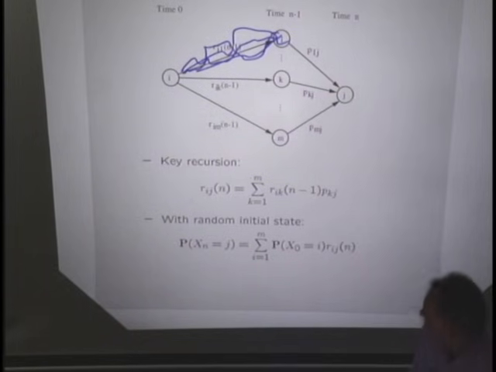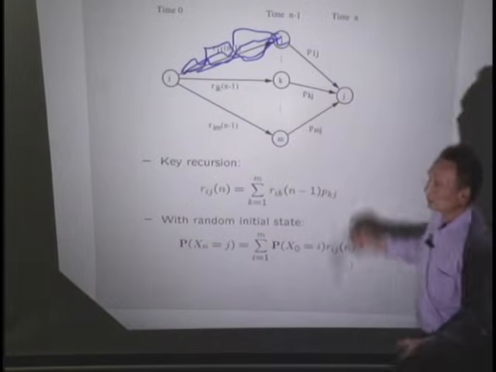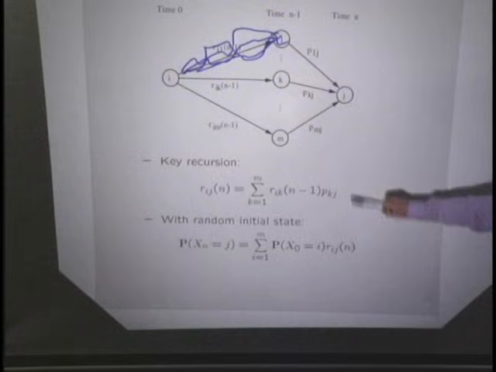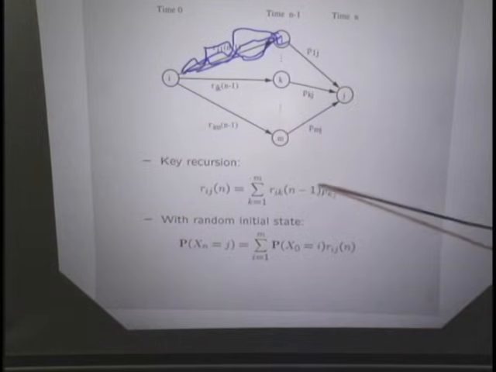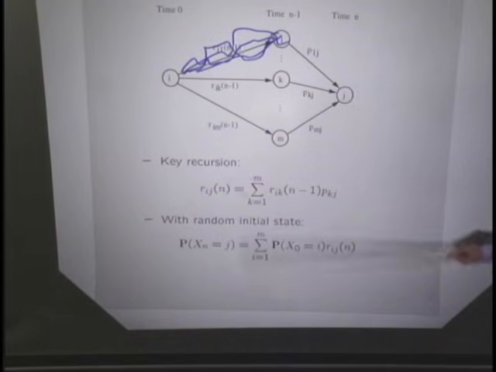So now once you consider this scenario, then that scenario, and you add the probabilities of all these different scenarios, you end up with this formula here, which is a recursion. It tells us that once you have computed the n-1 step transition probabilities, then you can compute also the n step transition probabilities.